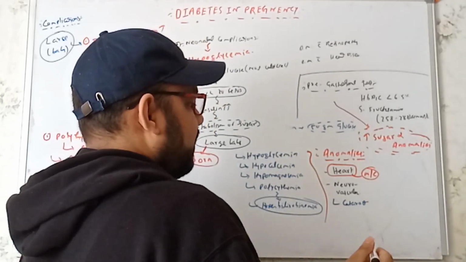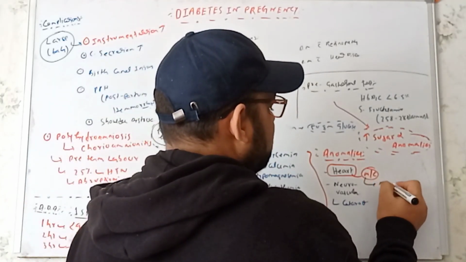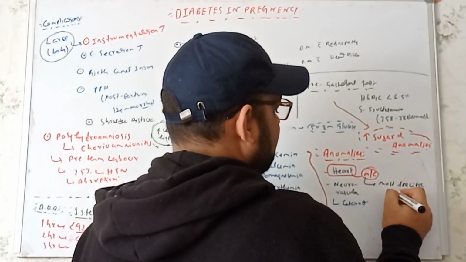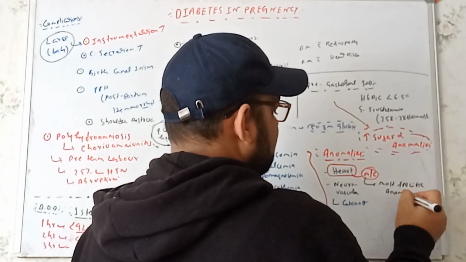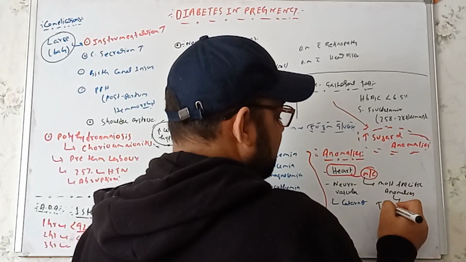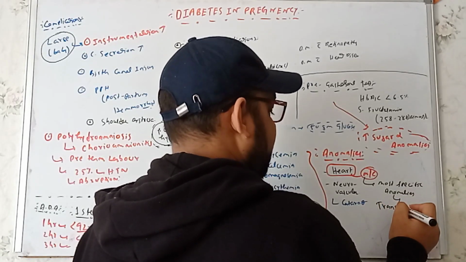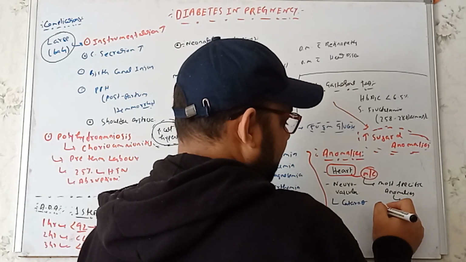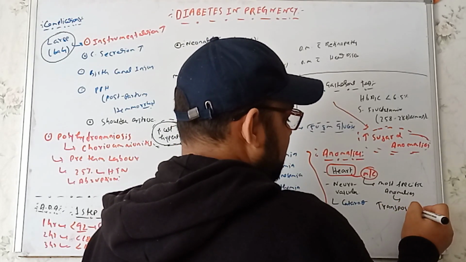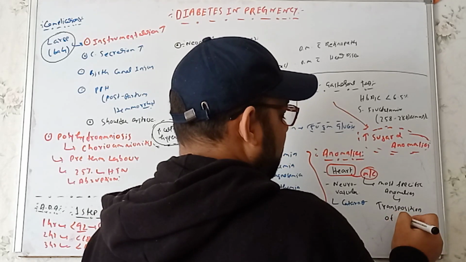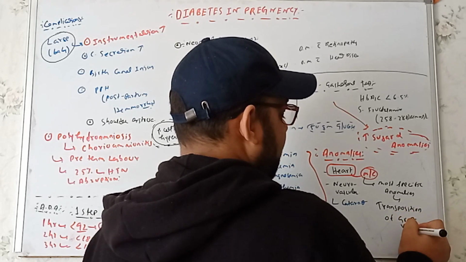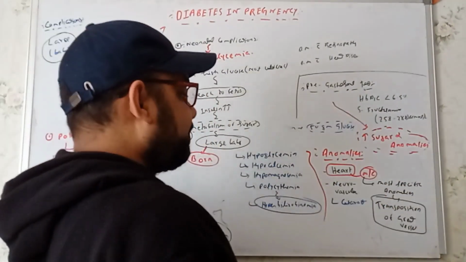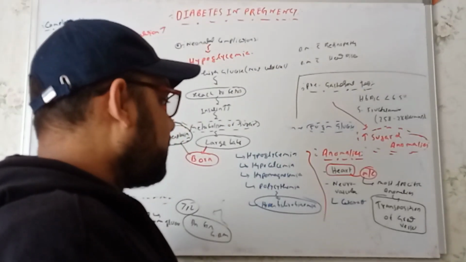So the most specific anomaly within the heart in this condition is transposition of the great vessels. In pediatrics, I hope you have read these things. This is the type of anomaly we can see in the heart.